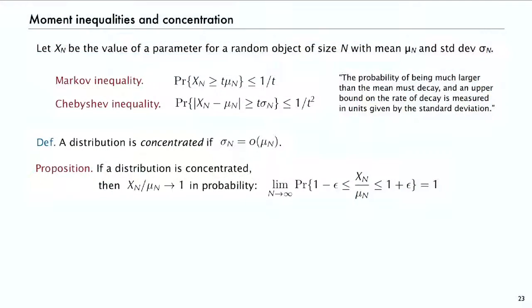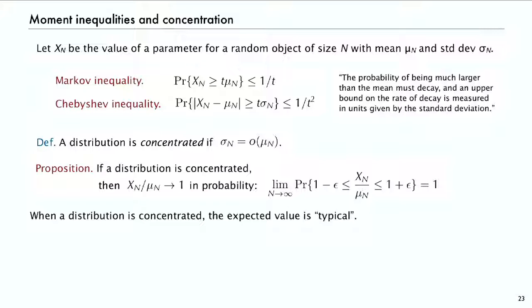If a distribution is concentrated, then your value of your random variable over the mean approaches 1 in probability in a very specific sense. So when it's concentrated, we just say the expected value is typical. That's the one that you really do expect to get.